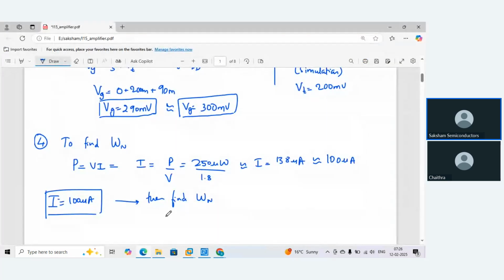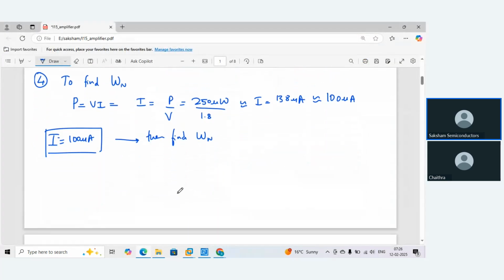So once I do this, the fifth step would be to do DC analysis for VG equal to 300 milli, and then sweep W from 2 micrometer to 50 micrometer.